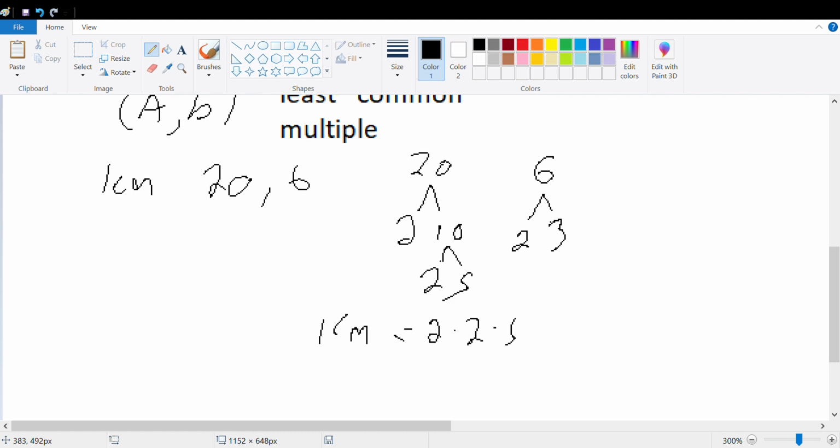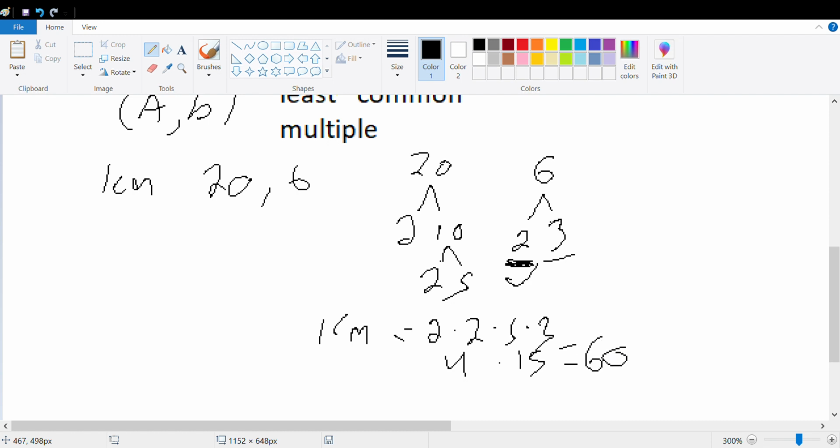Since we see that there's already a 2 down, we don't need to place this 2 right here, so we're just going to write a check mark underneath it. But we do not have the 3 in this equation, so we need to add that 3. So we multiply all these numbers: 2 times 2 is 4, 3 times 5 is 15, 4 times 15 is 60.